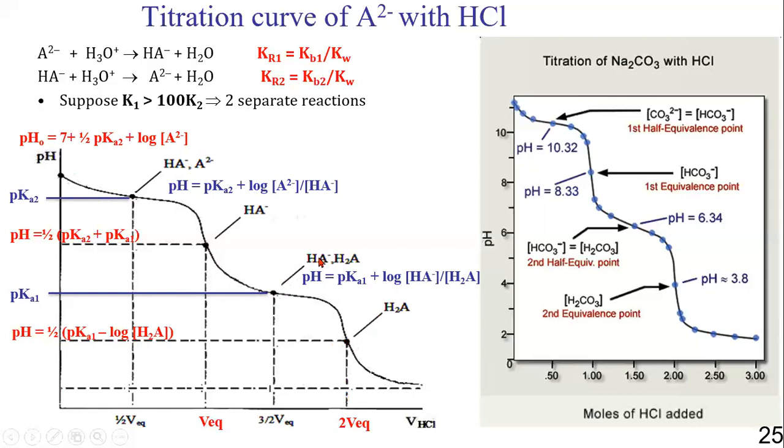I have HA⁻ equal to H₂A. And as I become more and more acidic, I get more H₂A, until all the HA⁻ has run out and everything gets converted to H₂A in my solution.